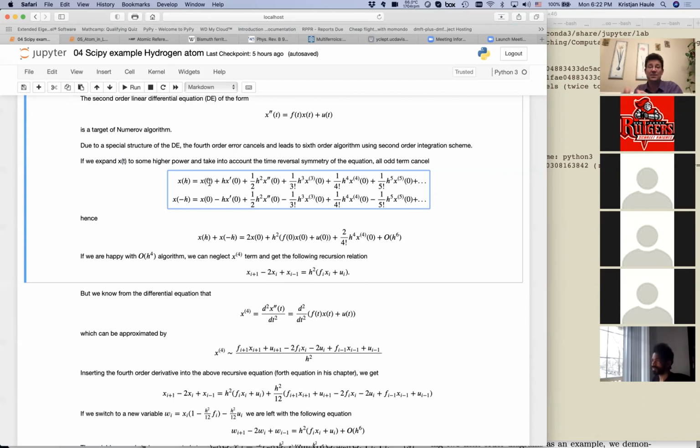So we start at point 0 and then we expand around 0 for the value of the function at a small distance h away. So what is x of h if we know x of 0? Well, that's the Taylor expansion. X of h, provided we know x of 0 and the derivative at 0 and the second, third, fourth, fifth derivative at 0 and so on, then we can write a good approximation for x of h.